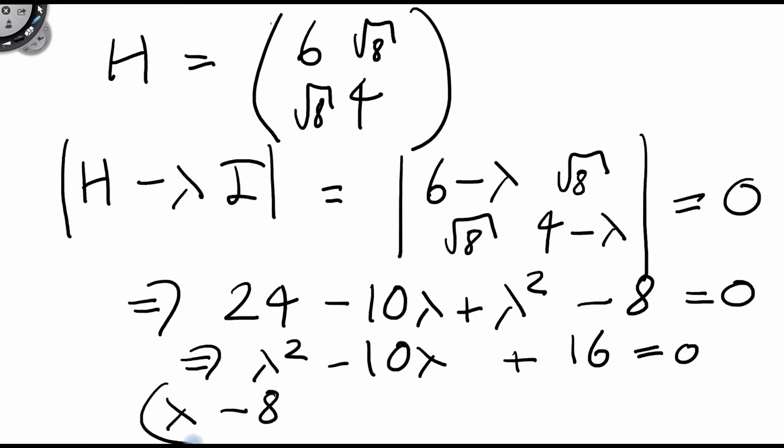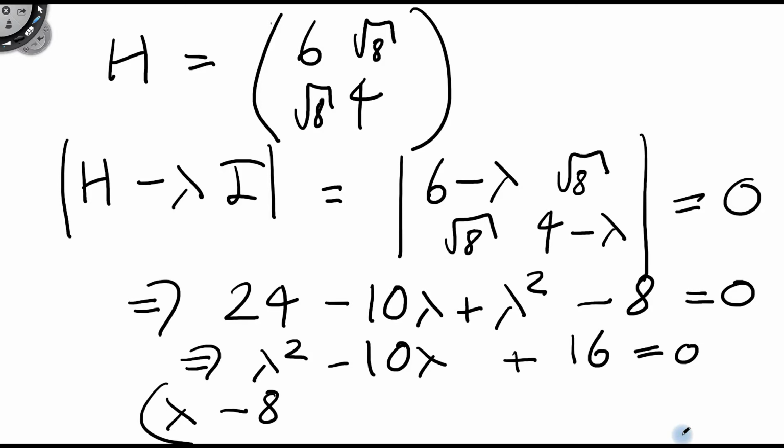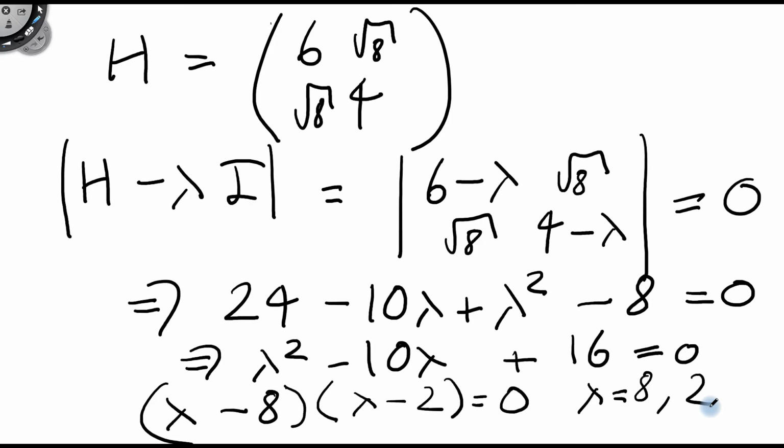So we've got lambda minus 8, lambda minus 2 equals 0. So lambda equals 8, 2. Okay, that's a very standard calculation on this page, really, that you would have known before this module, and that's good.